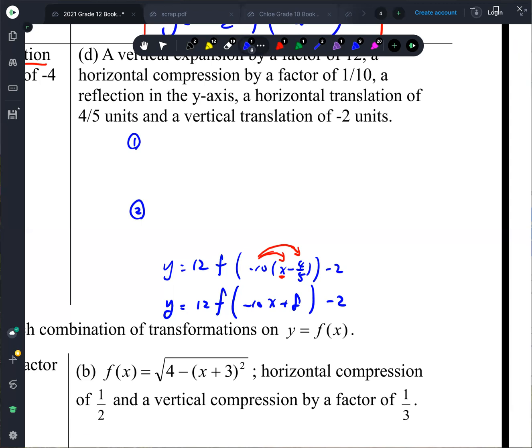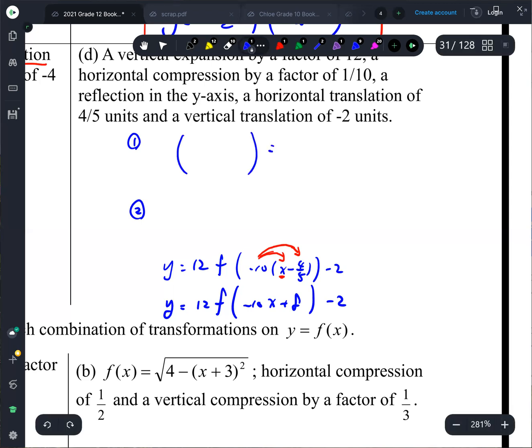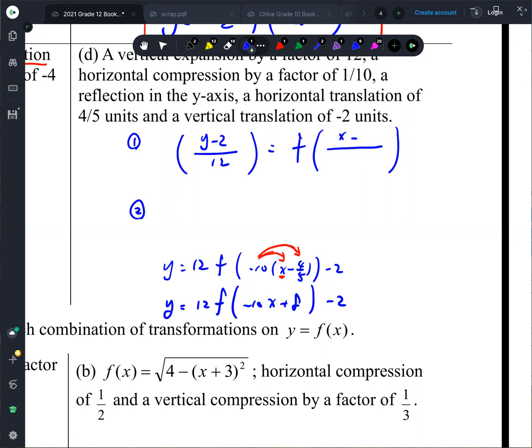So Jenny, what's your story form? I'm not sure if it's right, but I have y minus 2 over 12 equals x minus 1 over, no, wait, sorry. y over negative 1 over 10, plus 4 over 5, x, and then, oh, I put the x plus 4 over 5 at the bottom, over negative 1 over 10.